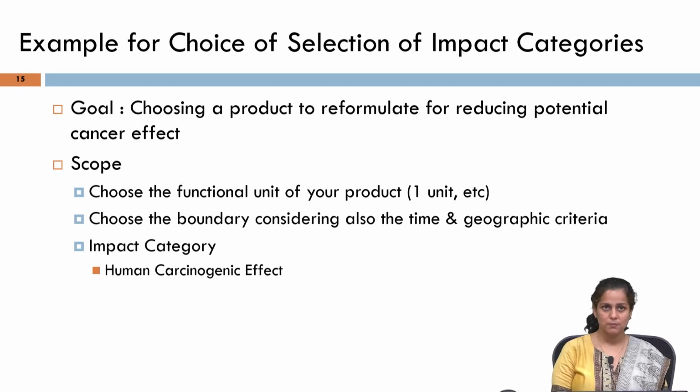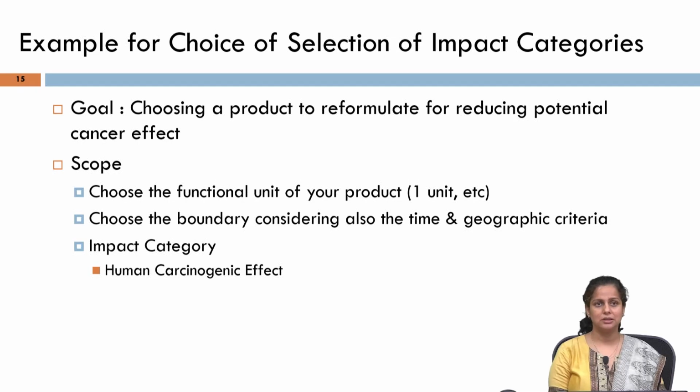You can choose the boundary considering the time and geographic criteria, but now the impact category would be human carcinogenic effect. So, when we collect data in the LCI step, we will be very focused on looking for emissions and any relevant data that relates to the human carcinogenic effect.